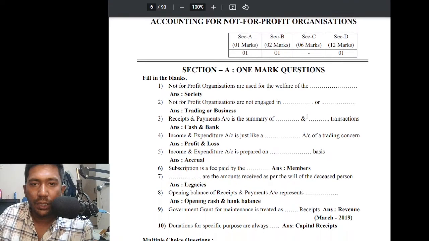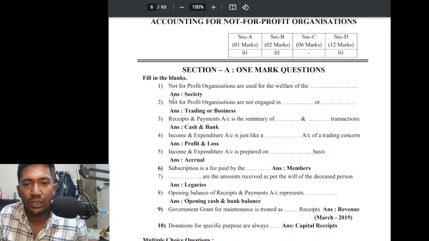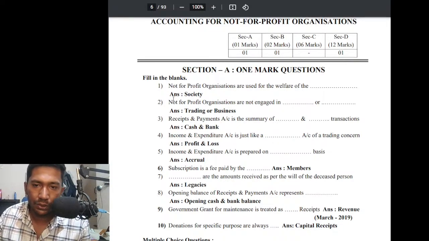Okay, so here I'll just read out. If you want, you can make a note, and I will forward this PDF so that you can sit and study the entire day. See here, they have given fill in the blanks. Not-for-profit organizations are used for the welfare of the society.